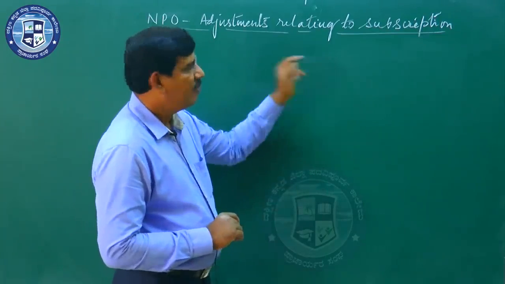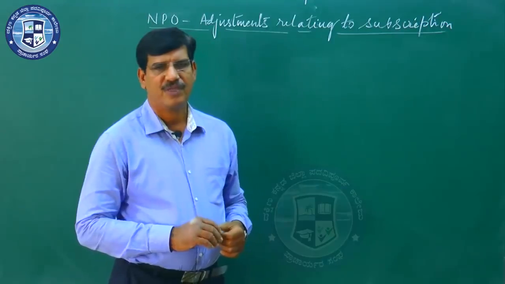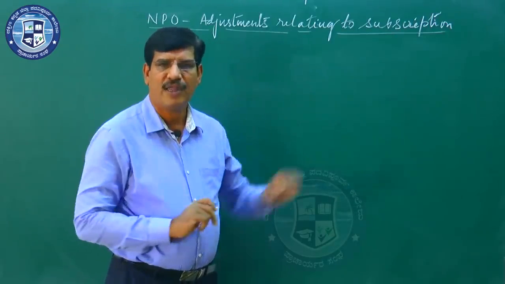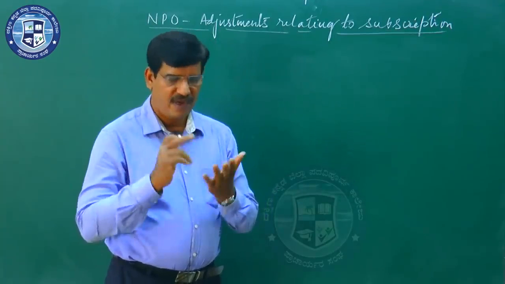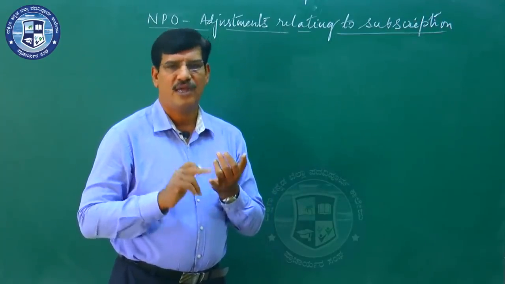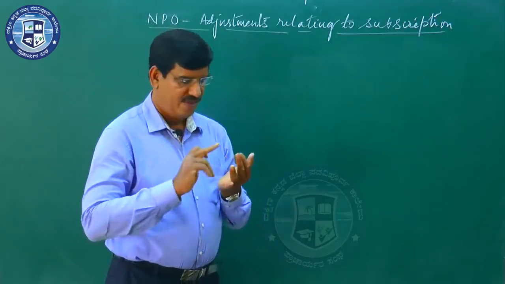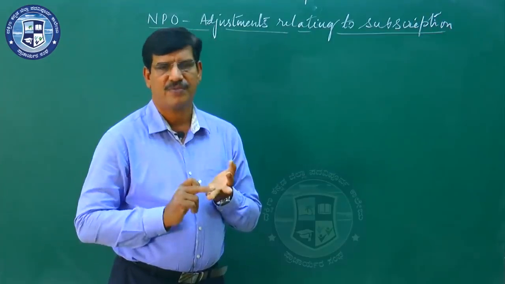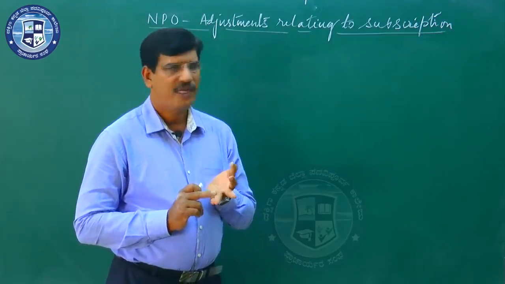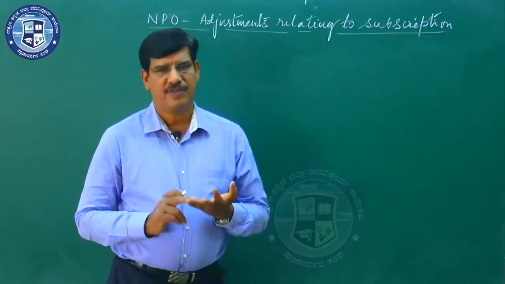But while preparing income and expenditure account, you need not worry about all those complicated adjustments. Here only a few adjustments are given, maybe relating to outstanding and advance items, maybe relating to consumable stock, opening stock, closing stock, or it may be relating to some depreciation.